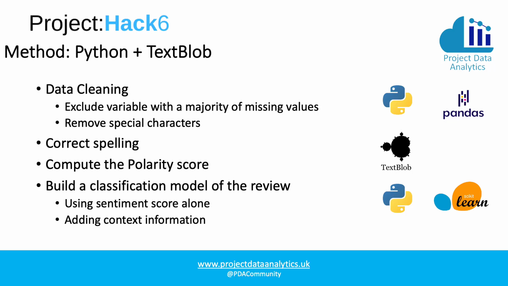Then to determine if the model was accurate, we used this score and the other variables in the dataset to predict the label of the review entered by the user, positive or negative review.